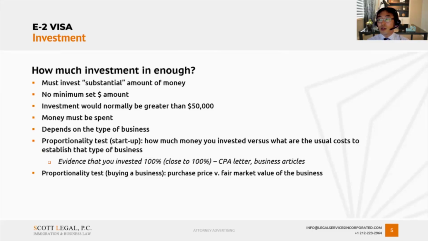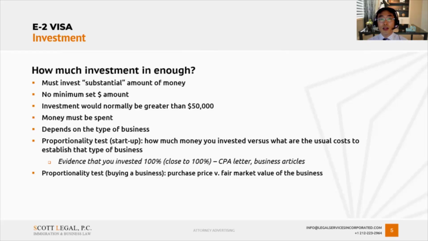The regulations do not typically state the minimum investment amount. As you know, the EB-5 requires a minimum investment like $800,000, but E2 does not have such a requirement. This means you could get approval even with like $50,000, depending on the type of your business.